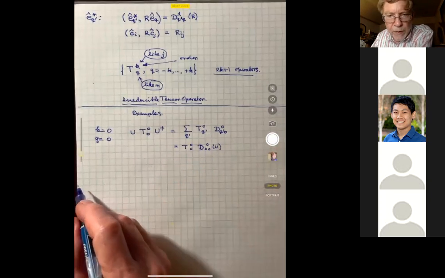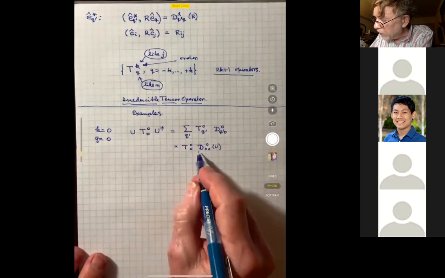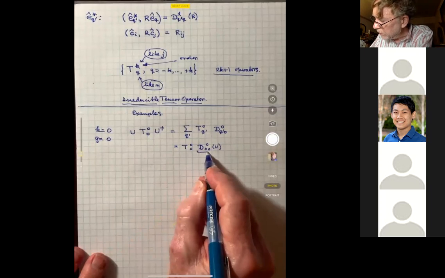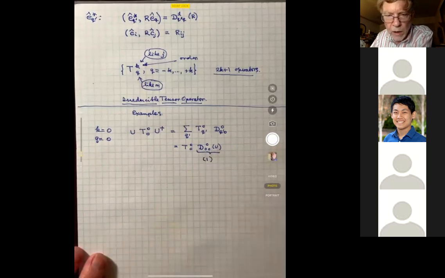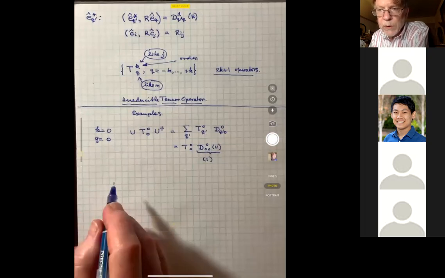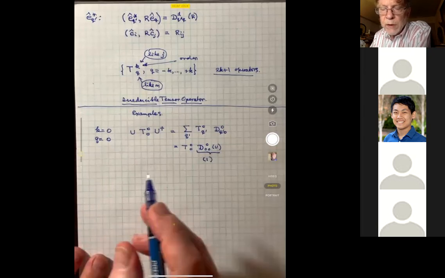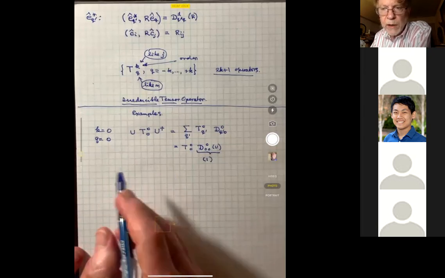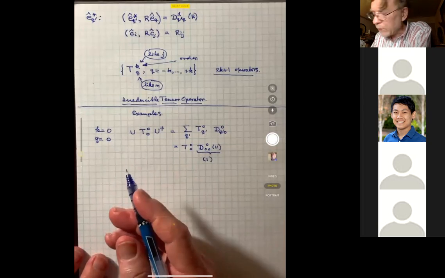Now, perhaps you remember that the D matrix, when the angular momentum J is equal to 0, consists of just the 1-by-1 matrix containing 1. And that's because states that have 0 angular momentum of whatever kind, whether it's orbital, spin or anything else, are invariant under rotations. Now, these are not states, these are operators. But nevertheless, if the angular momentum quantum number, which we call K here, is 0, it means it's invariant under rotations.